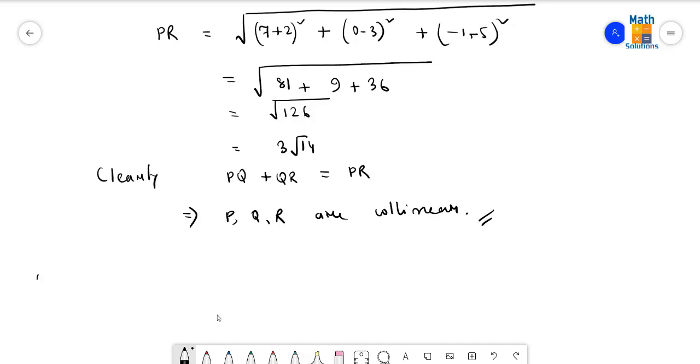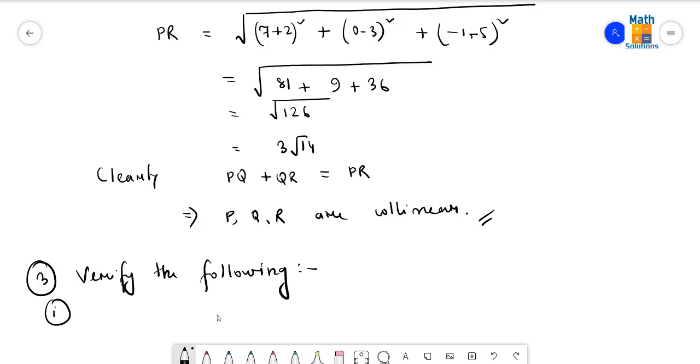Then coming to question number 3, verify the following. From these I am picking up the first one. We are to show what?